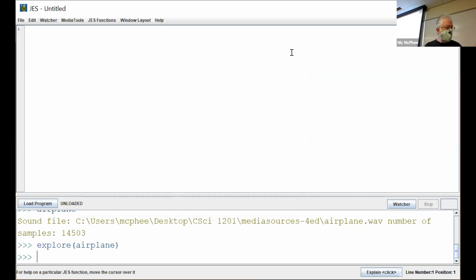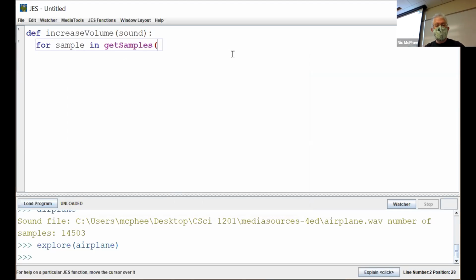Okay, so we can look at the samples of a sound in the same way that we deal with pixels. It's a for loop. So we could say, for example, we'll do this increase volume example. And we could say for sample in get samples of sound.